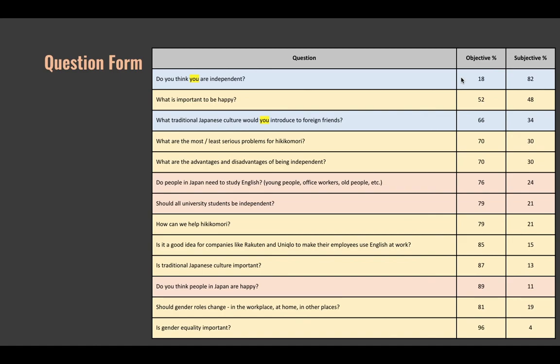Blue is where the student is addressed personally. Red is where the student is a member of the group addressed, but this group is not universal. And yellow is a universal question not specific to the individual student. As you can see, the question wording seems to influence the level of subjective or objective reasoning.